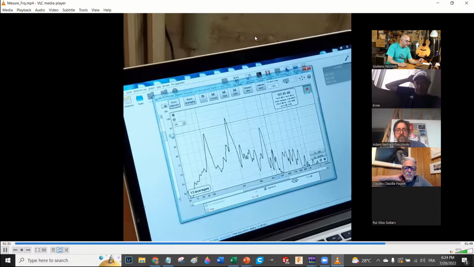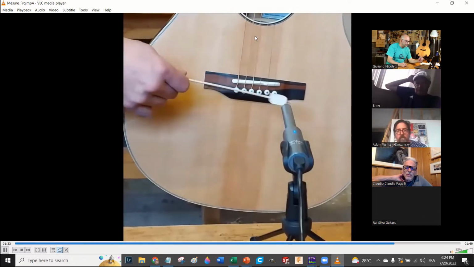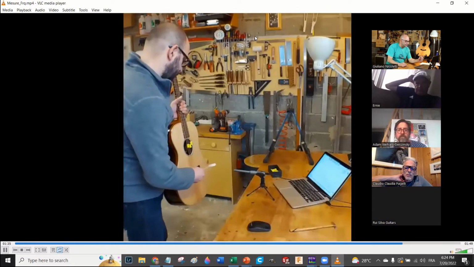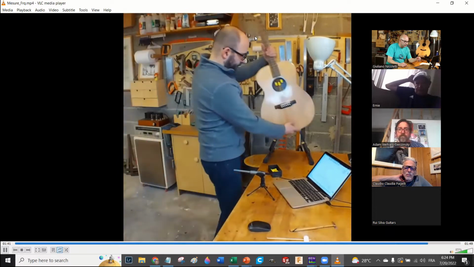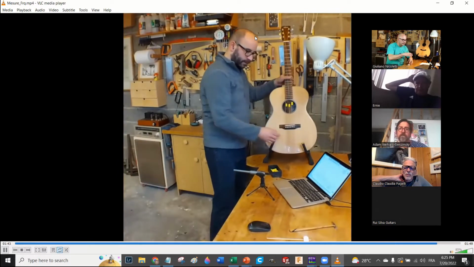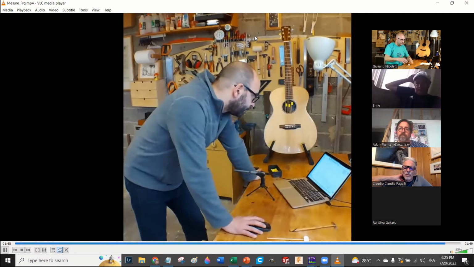And you see the averaging: 10 averages, 15, 20, 25, 30. Now we are at 32 averages. And during this time, the curve is stabilizing.